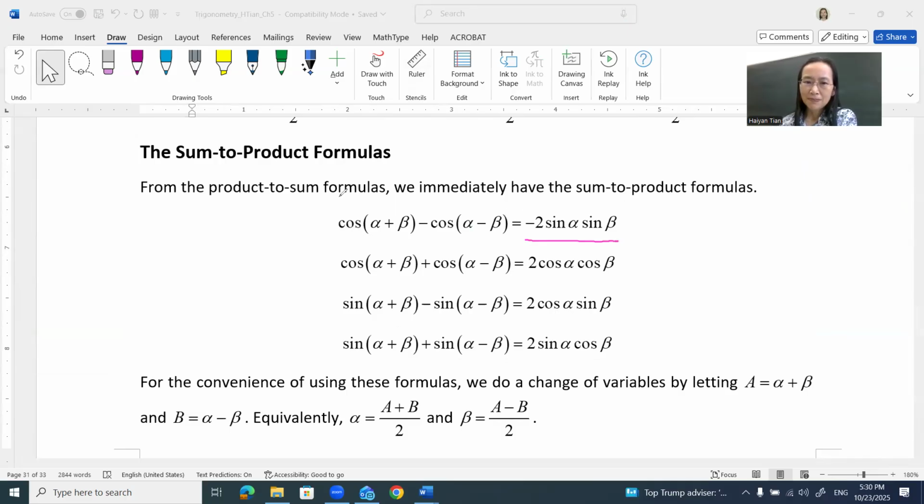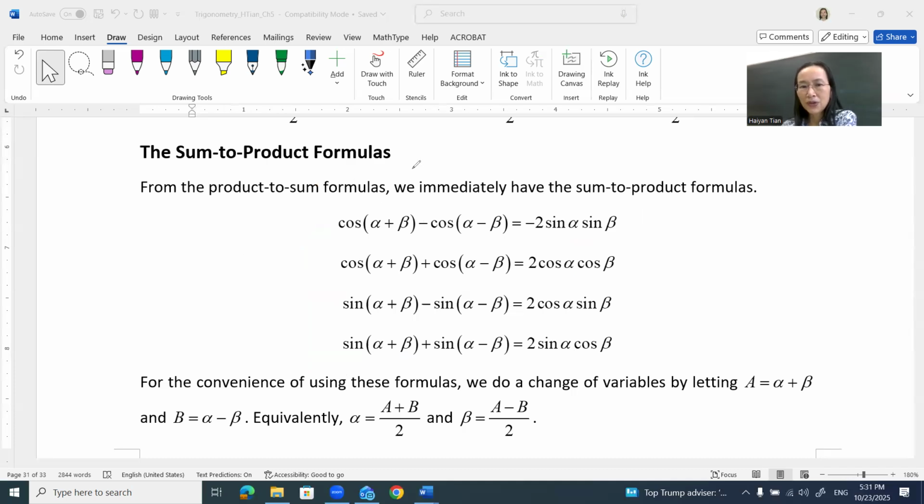For the above four formulas, because we want to go from the difference or sum, we just put the difference or sum on the left side. Then we can see we can convert a difference or sum of trig functions into product form if we happen to have this pattern.